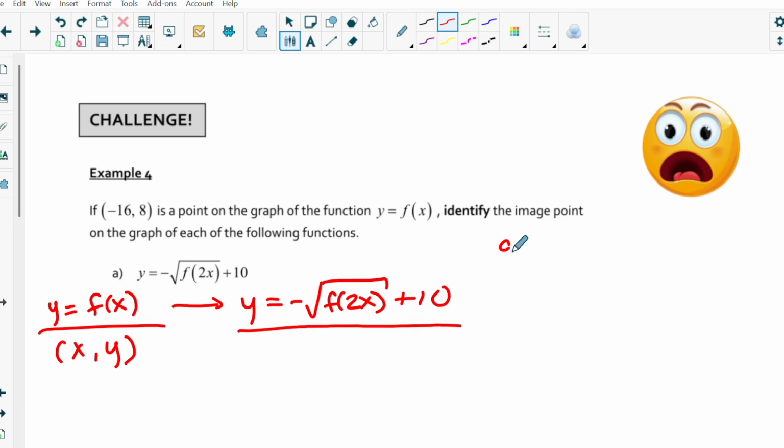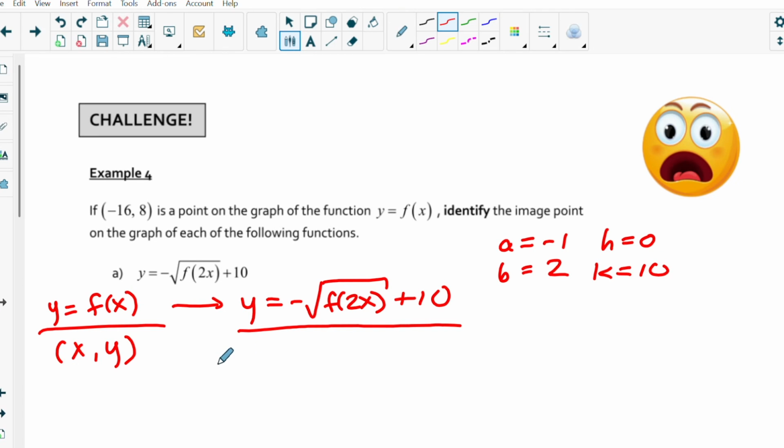Well, what's my a value? A value is negative 1. What's my b value? B value is 2. H is 0, and k is positive 10.